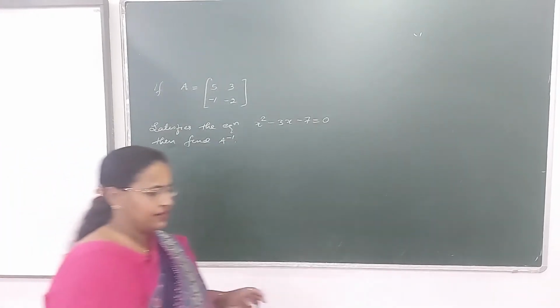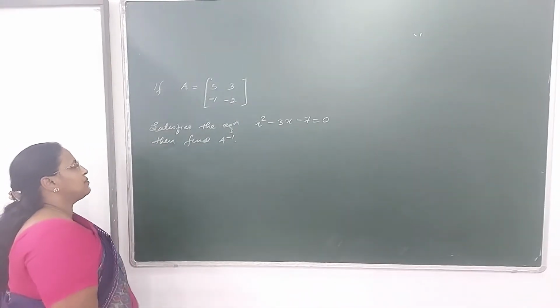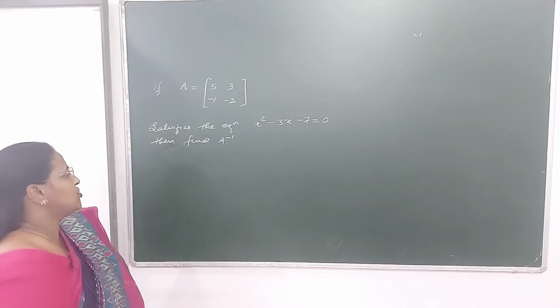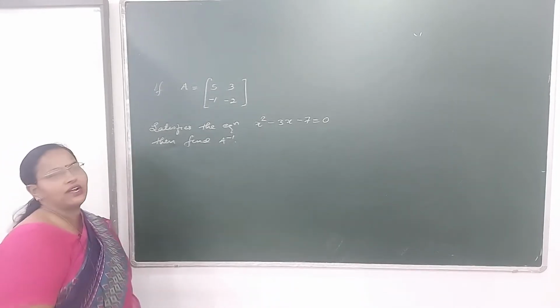This is the question. If A is the matrix 5, 3, minus 1, minus 2 satisfies the equation x square minus 3x minus 7 is equal to 0, then find out A inverse.